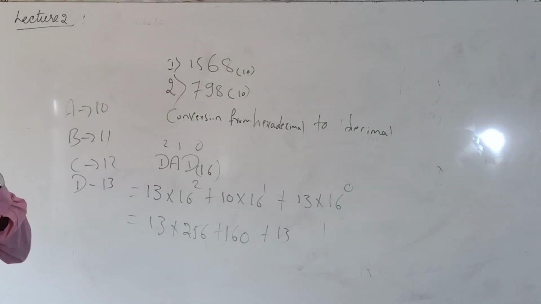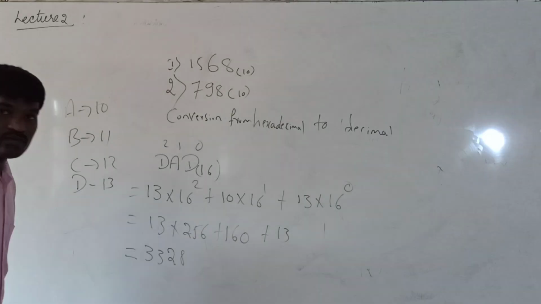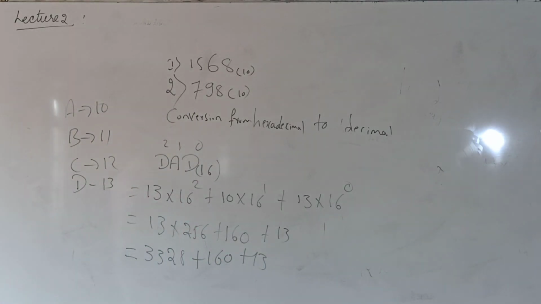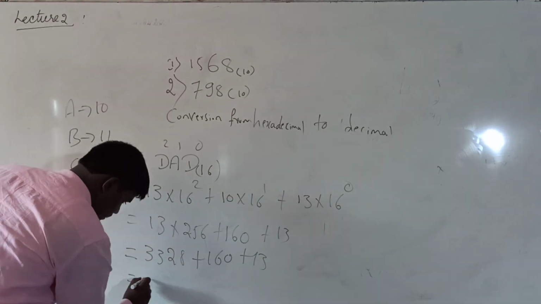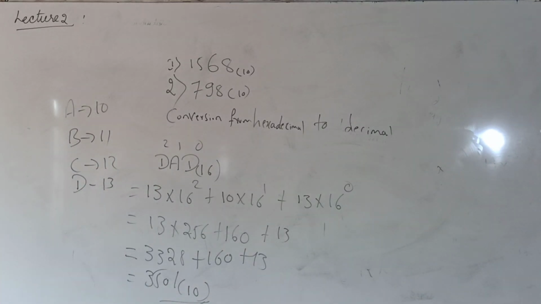See here, 256 into 13, let me calculate. 256 into 13 is 3328. 3328 plus 160 plus 13, after calculation that is equivalent to 3501 to the base 10.